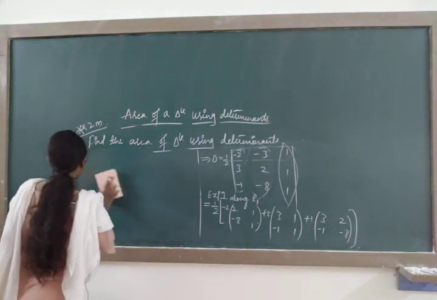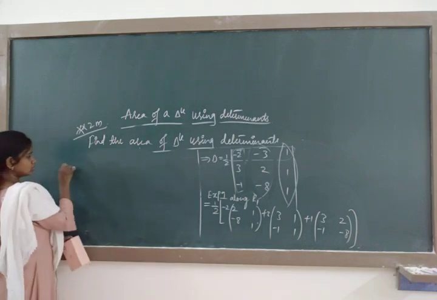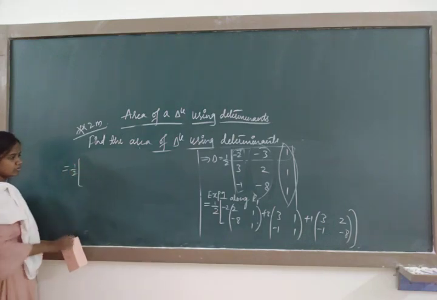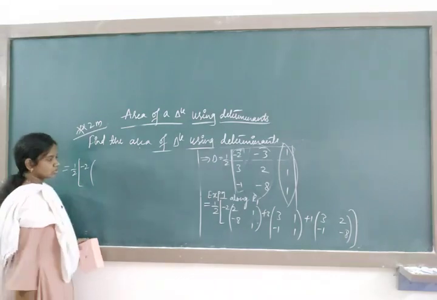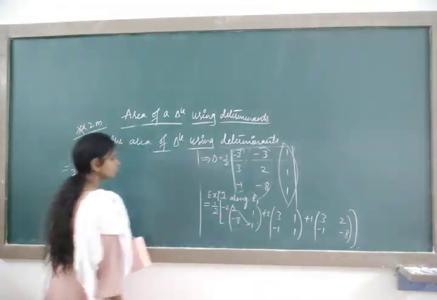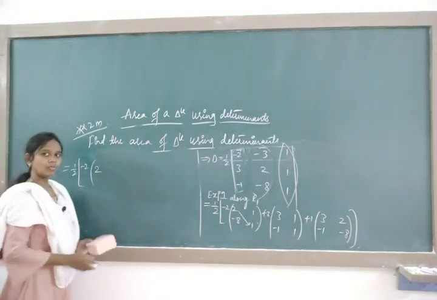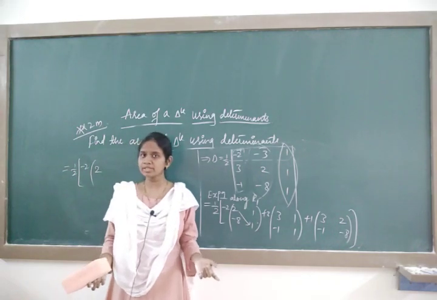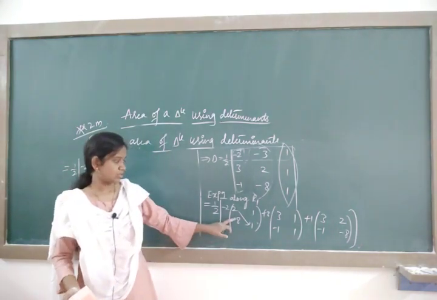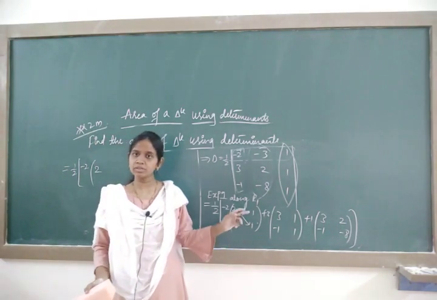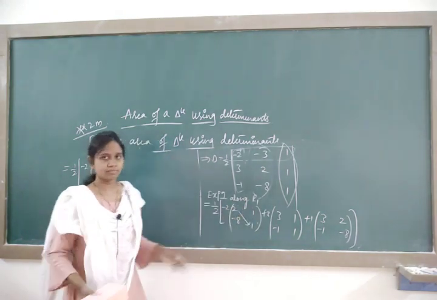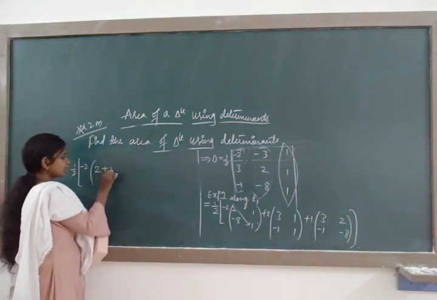Now further simplification. So this implies 1 by 2 of minus 2 of, take the primary diagonal, 2 ones are 2. While moving to the secondary diagonal, always I said it's a minus. But here also minus, minus into minus is plus, 8 ones are 8. Why have I taken plus 8?